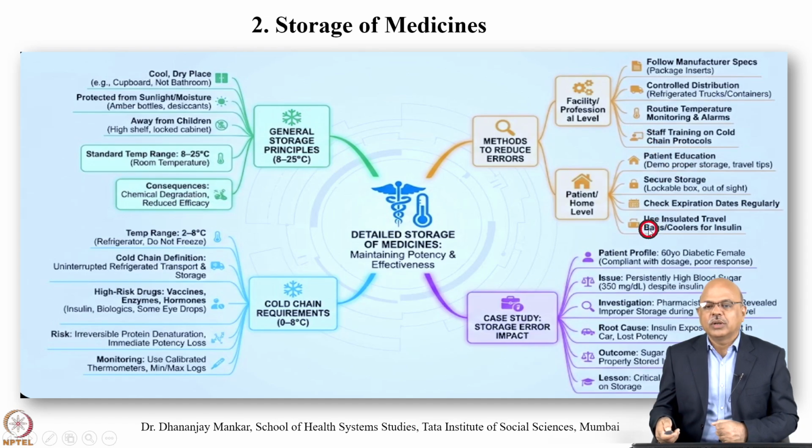At patient level or home level, you need to educate the patient, with demonstration, on proper storage, and even on travel plans and tips, to understand how medication errors occur. Secure the storage with lockable boxes or keep medicines out of sight to ensure safety. Check expiration dates regularly so that the patient does not take expired drugs.